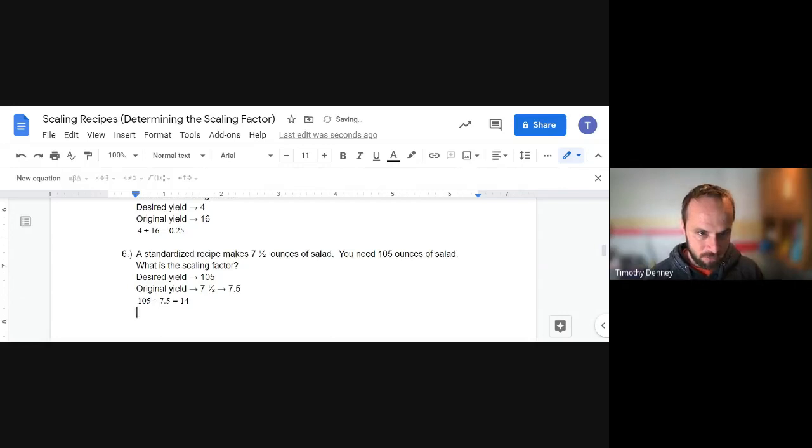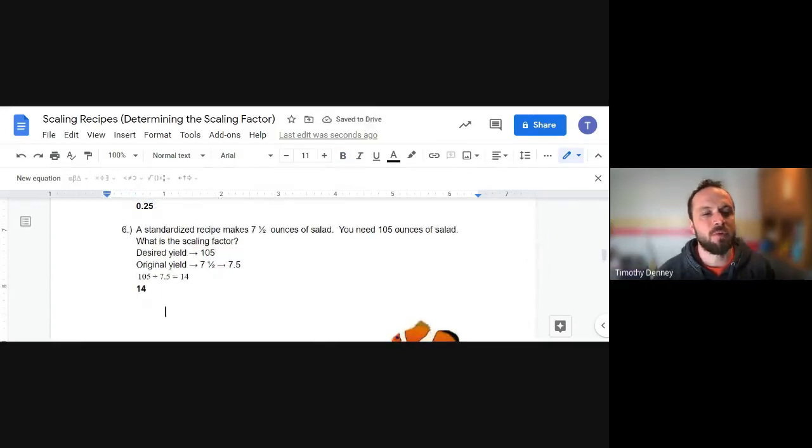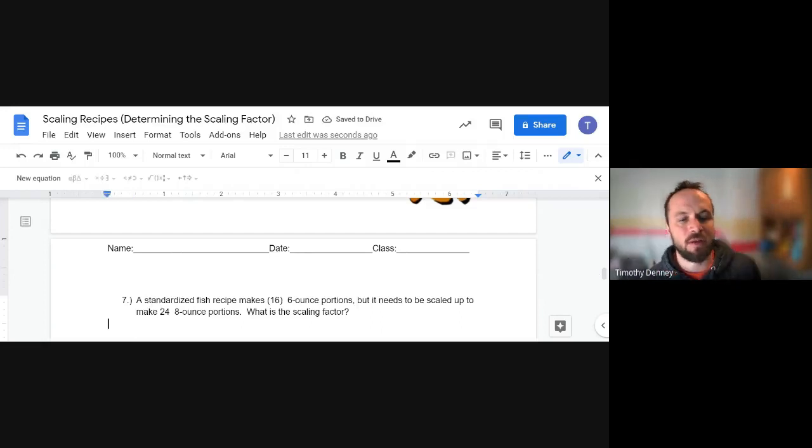So our scale factor is 14. All right, so those are pretty straightforward examples. This next one's a little more thinking, but it's still the same process.